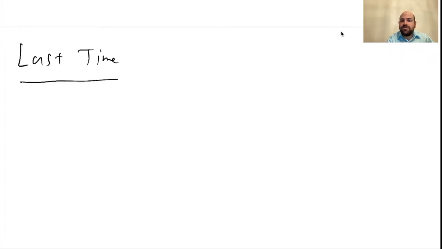Hello, everyone. So last time we started number theory, if you remember, and we looked at a few things. For example, the division algorithm. That was maybe the most important thing we proved last time, using the well-ordering principle, if you remember.